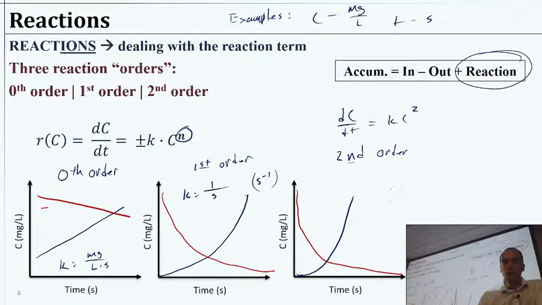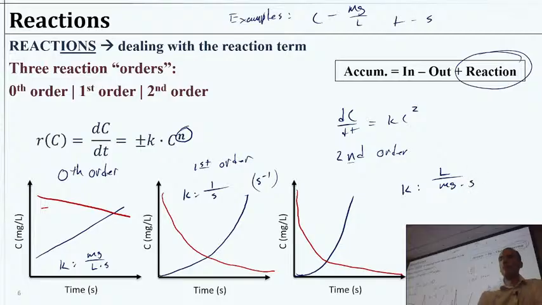For the second order, we can do the same thing. The K has to satisfy it such that on the left we have dC/dt, concentration per time, and on the right we have concentration squared. So it has to go the inverse of concentration and give us per time. So K then will be liters per milligram per second in our example.